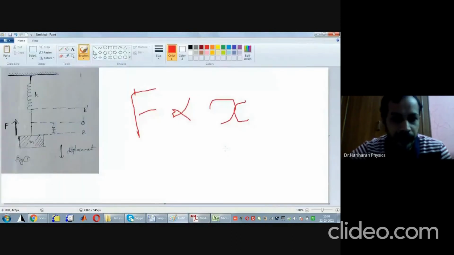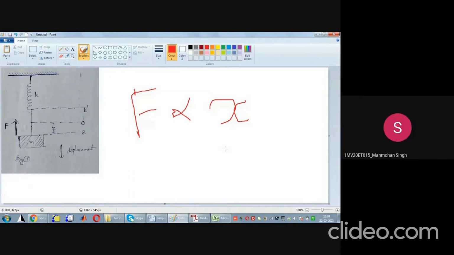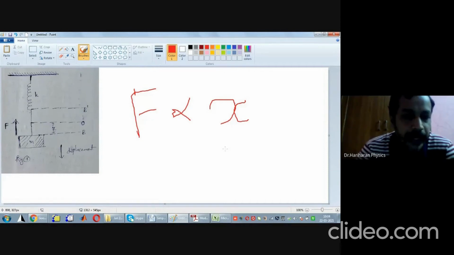By the way, what is force? Is it a scalar quantity or a vector quantity? Force is a vector quantity, correct? Therefore, it will have both magnitude and direction. Once again, observe. I'm pulling the object in the downward direction here. In what direction is the force acting?